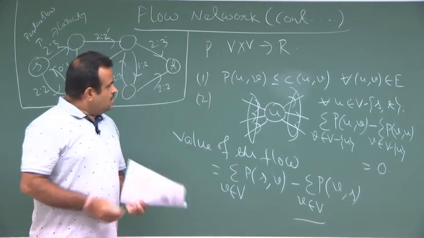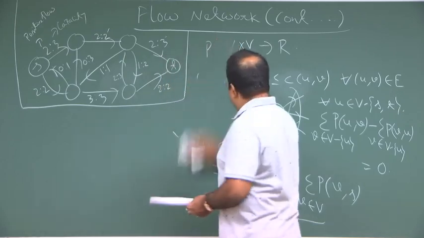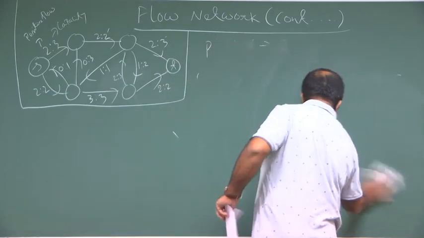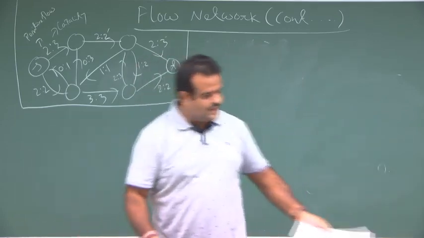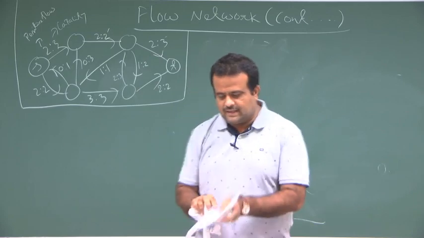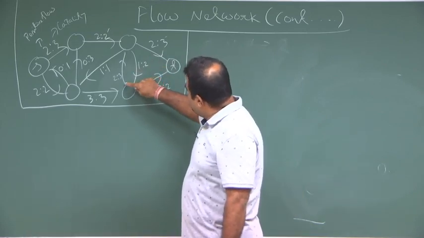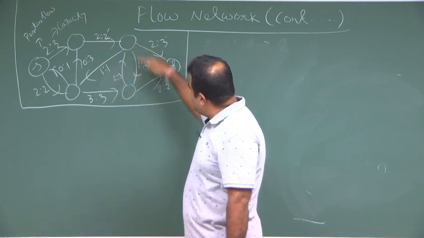Now we have seen another concept called flow cancellation. Say we have vertices u and v. There is a flow of 2 going from u to v, and 1 coming back.